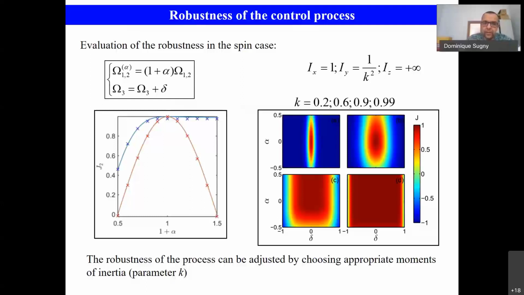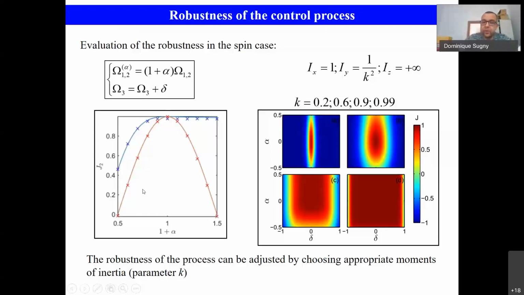We have verified on this plot, for a specific value of k, the robustness with respect to alpha. It's here in blue for a spin 1/2 particle of this pulse, and the weight curve corresponds to a standard pi pulse, or to a standard resonant pulse.